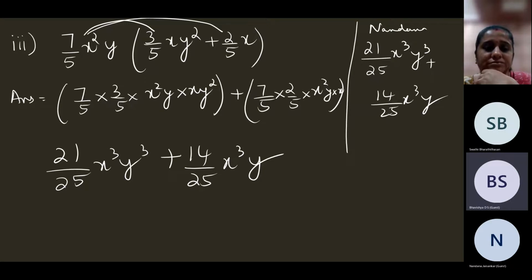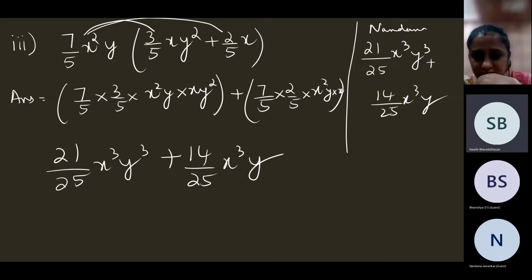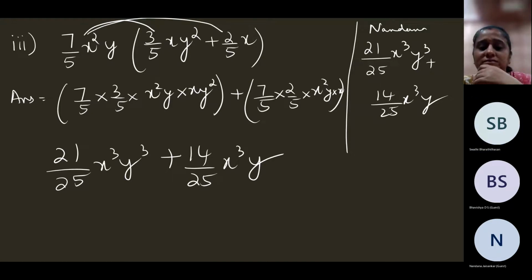Ma'am, I have added 21 and 14, like 35 by 25 x cube. Okay, I understood. Next, Swati. Ma'am, when we add 21 and 14, it's 35 by 25. Okay, Nandana.